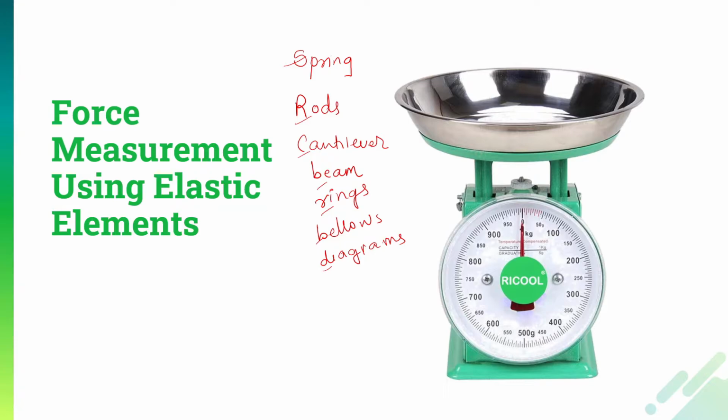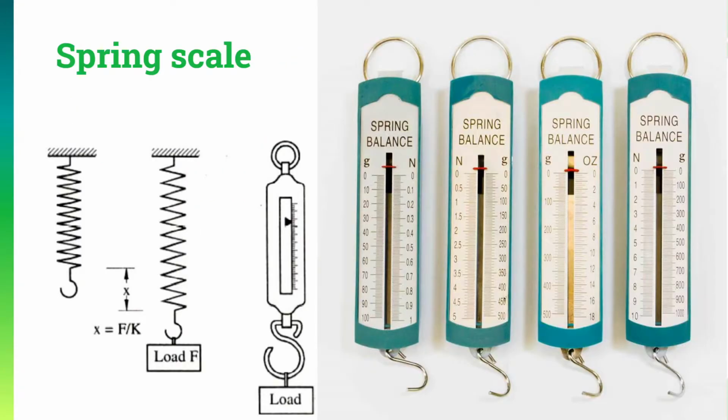So the very first member is a spring. So let us talk about the spring, or spring scales. Now the use of the spring is very simple. Whenever we have a free spring, if I keep one end of the spring fixed and the second end free, and I apply the load on this second free end, what will happen?